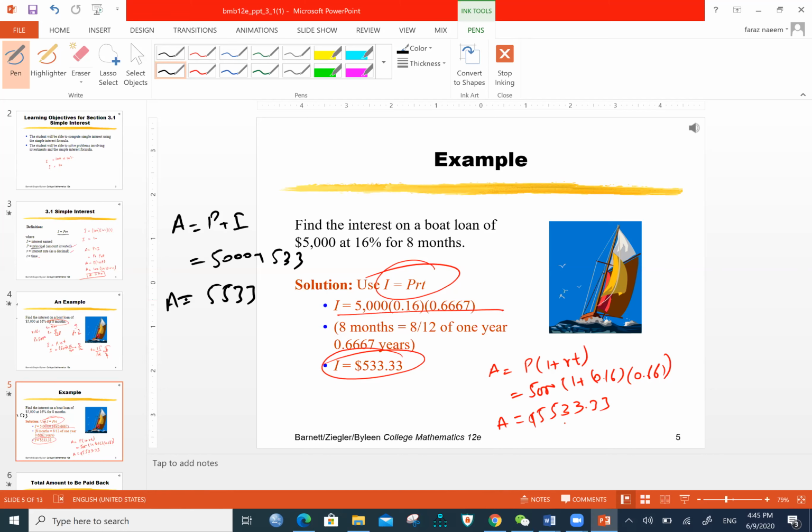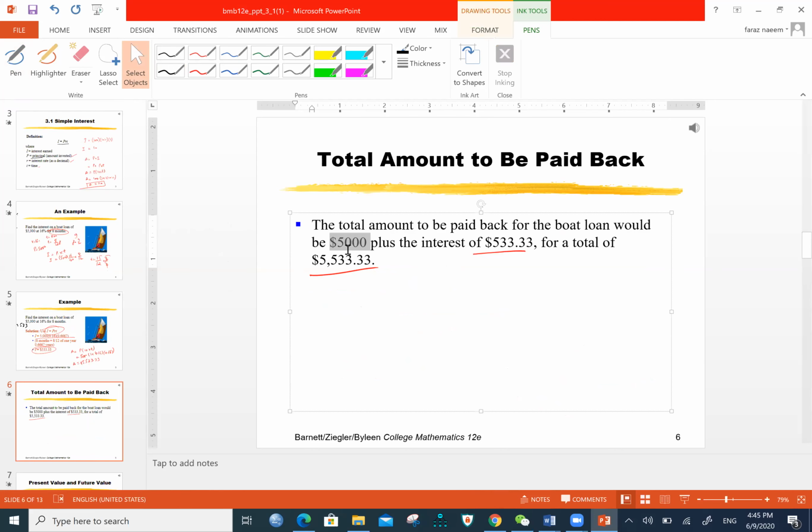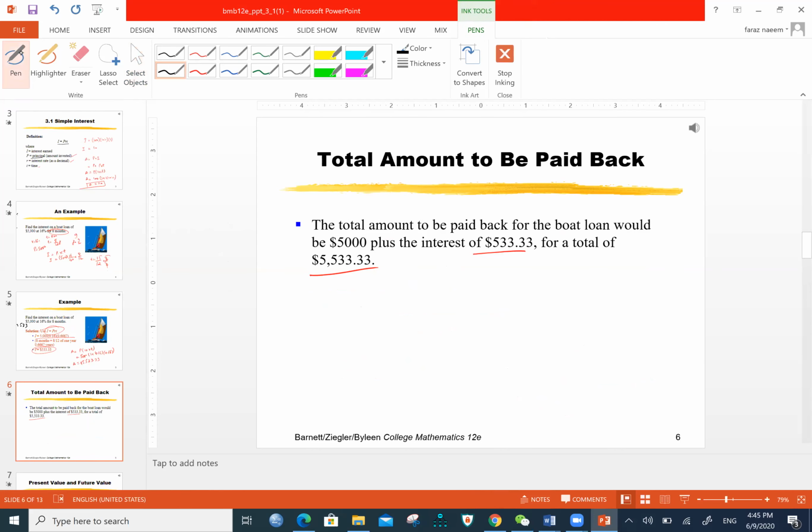Here now, we can go to another example. The total amount to be paid back for the boat loan would be $5,000 plus the interest.